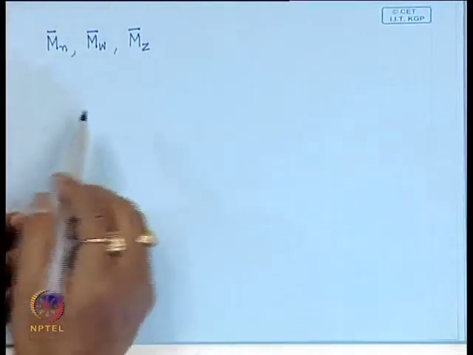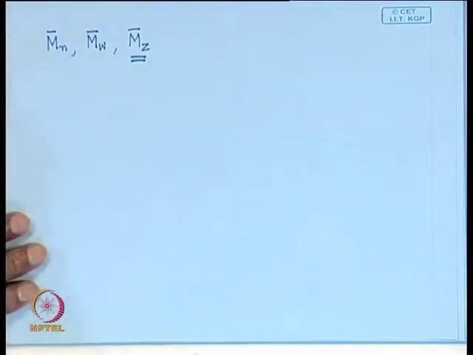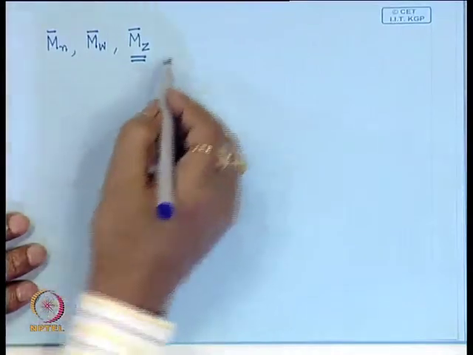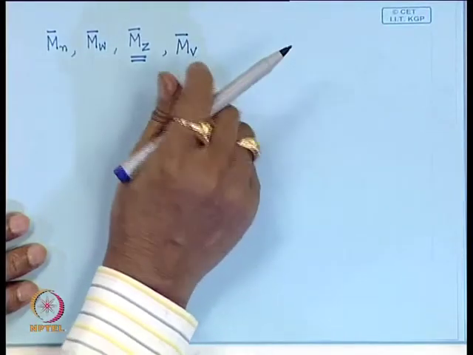Actually, in this Z average molecular weight, more weightage is given to this product Ni Mi square, because it indicates that the higher molecular weight molecules are weighted even more heavily in this case than in the case of weight average molecular weight. So, this is another averaging technique, but if we deal with this Mn bar or Mw bar, there is one more averaging technique, I will come to it later, Mv bar, the viscosity average molecular weight.